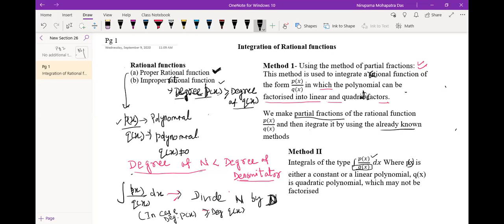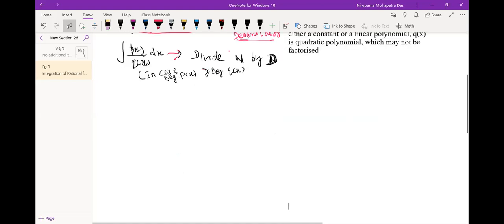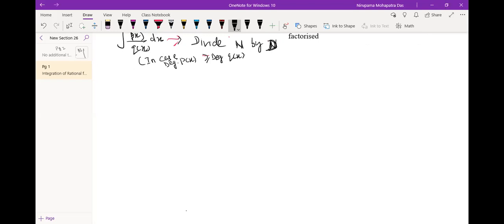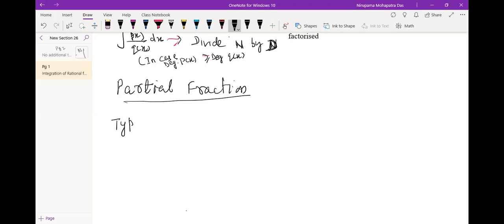Our point of discussion today is using the method of partial fractions. Let's take some questions and I will show you. We will divide this into three types.